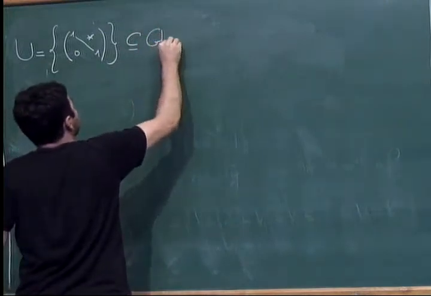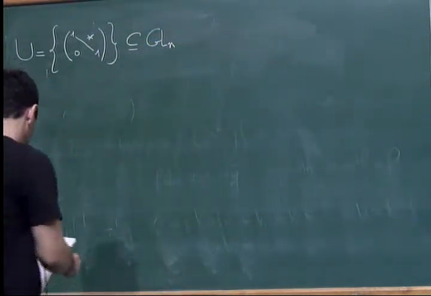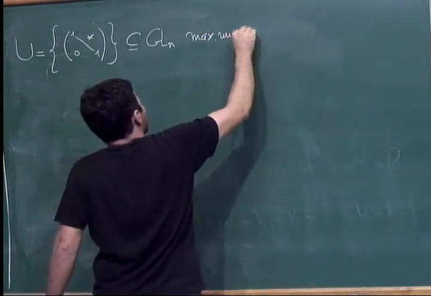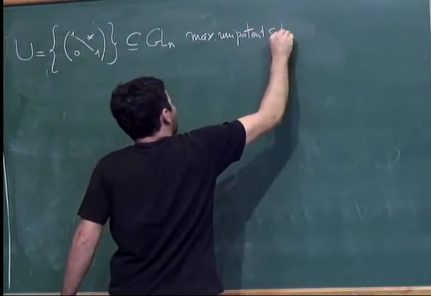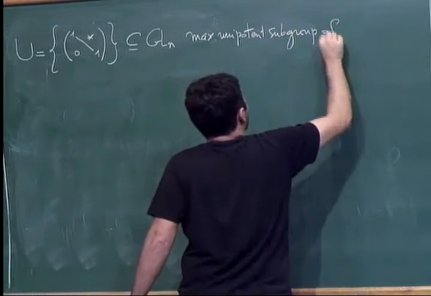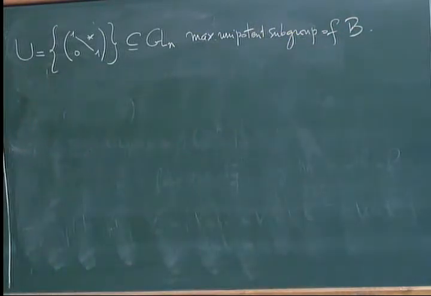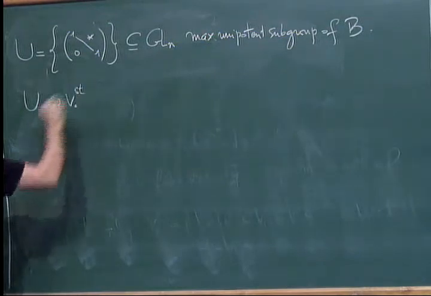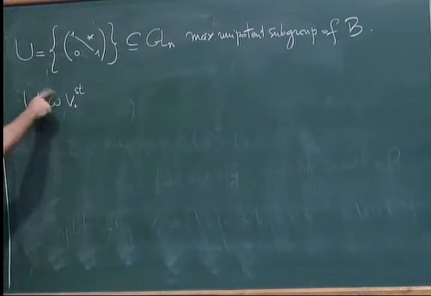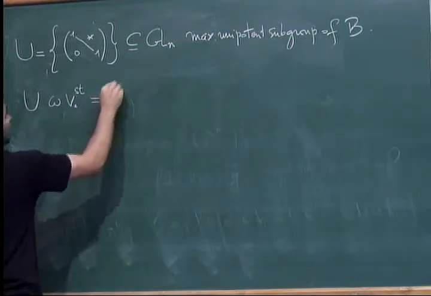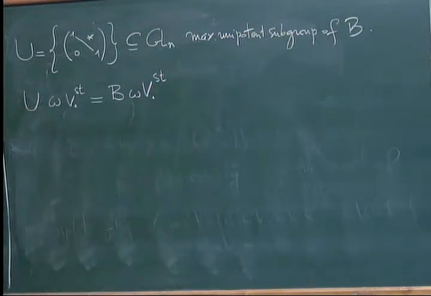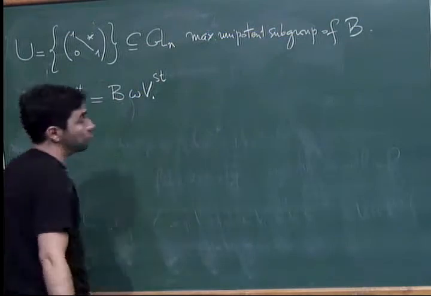So this is in G, and this is a maximal nilpotent subgroup of B. It's more or less clear that the U orbit of omega applied to the standard flag is exactly the same as the B orbit. Okay, so now we want to understand the Schubert cell.